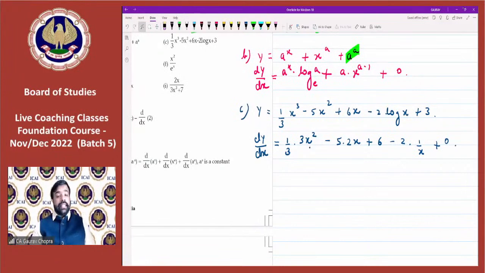Now if there are any cancellations, we can cancel. Now 3 will cancel with 3. So what will happen? Let's check the final result. It is x square minus 10x plus 6 minus 2 upon x. This is dy by dx.